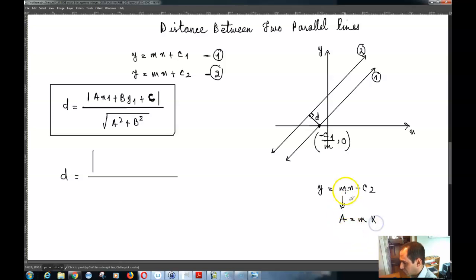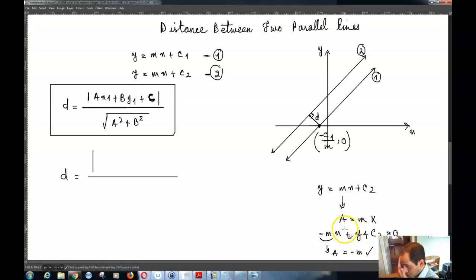That is wrong, because if I want to write this line in general form, I would write it as negative mx plus y plus c2 is equal to 0. Then you see that my a becomes negative m.